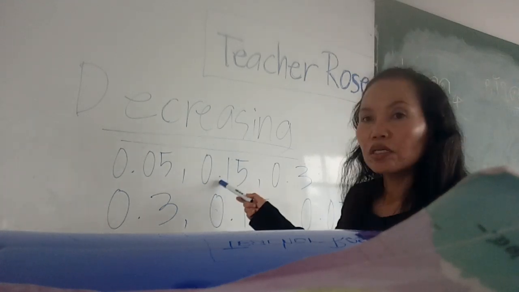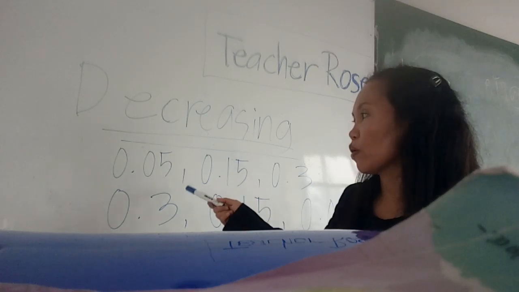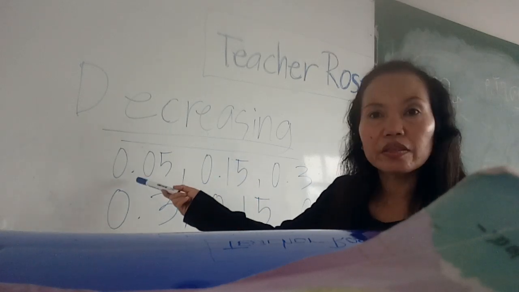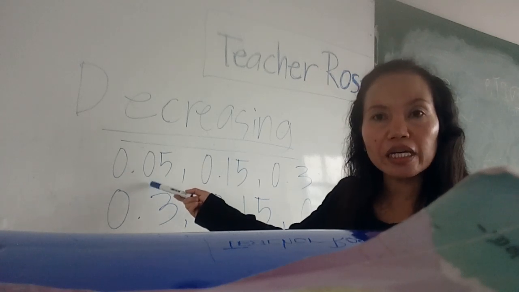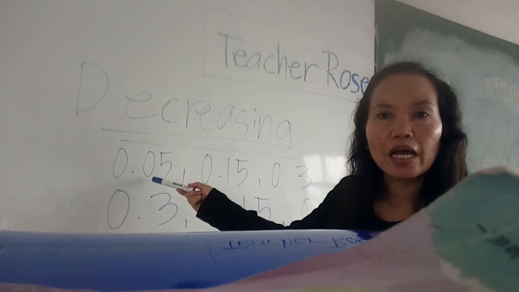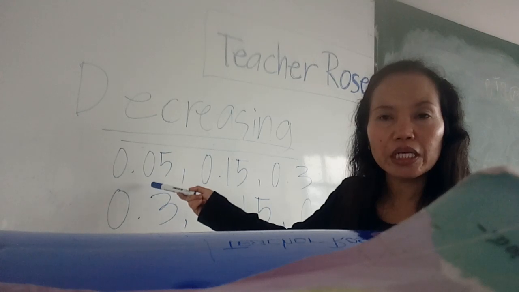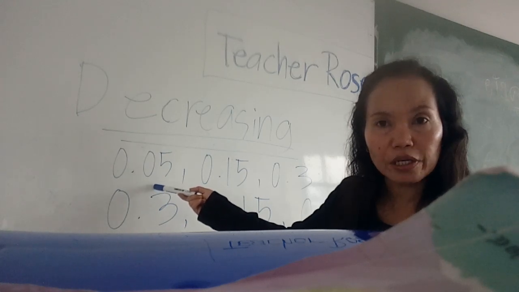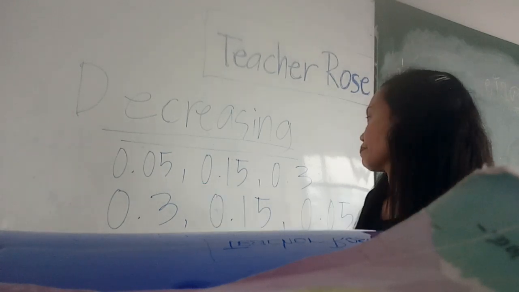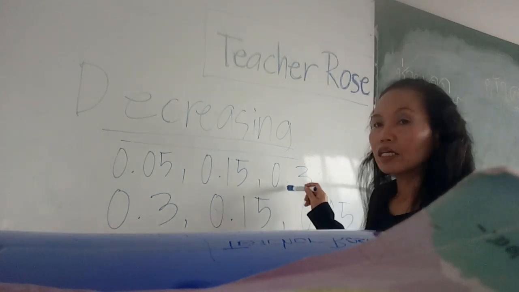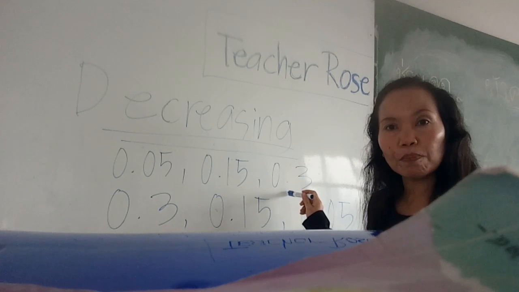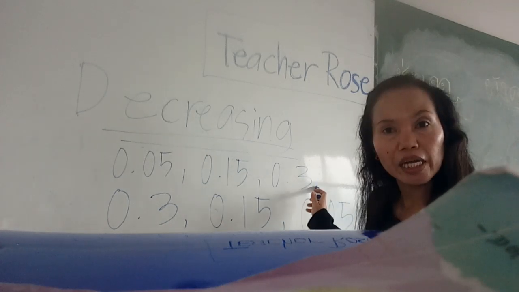Okay? So, let's be very particular with the number after the decimal point so that we can correctly identify how to arrange them in increasing and decreasing order. Okay? Understand? And this one here, the number after the decimal point is 3.